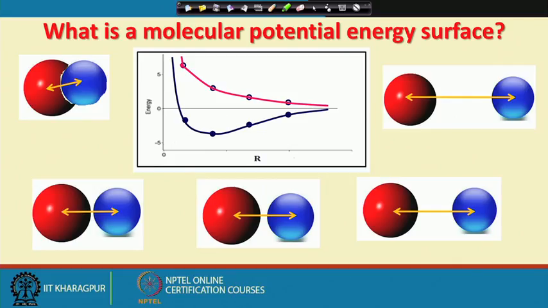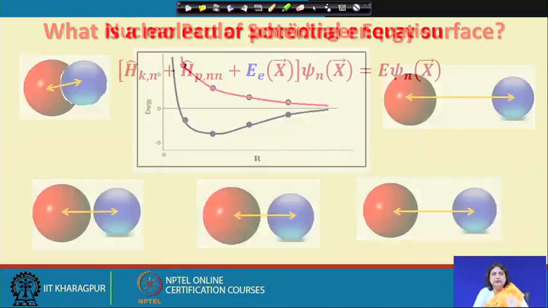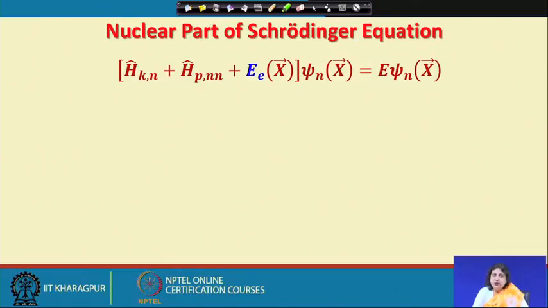Now, if I have a more complicated polyatomic molecule, you understand that in addition to R, I need many more parameters, and in that case the potential energy curve does not remain a one dimensional curve, but what I will get is a molecular potential energy hypersurface with a very large number of dimensions in the case of a complicated molecular system.